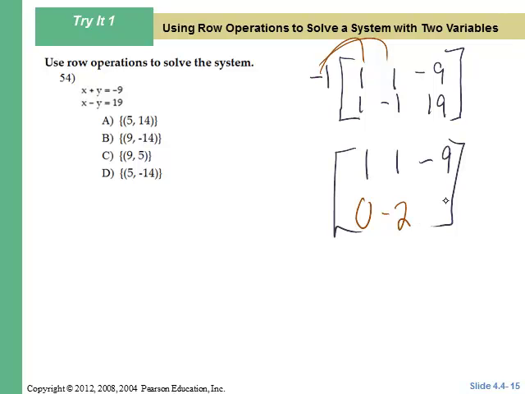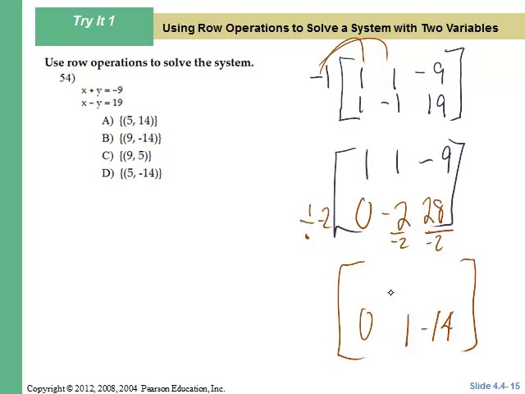Negative negative 9 makes positive 9. Plus 19 is 28. So divide the second row by negative 2, and you get 0, 1, negative 14.